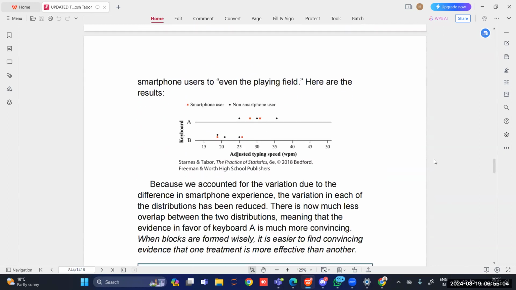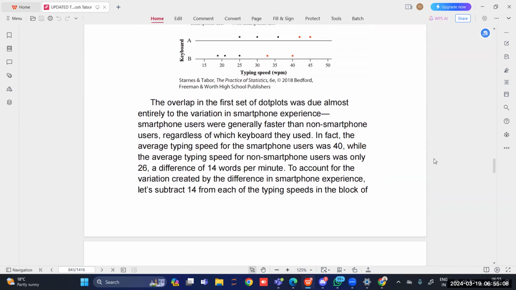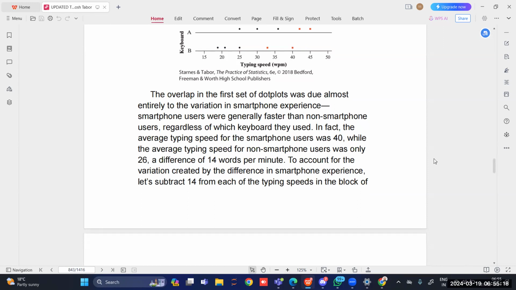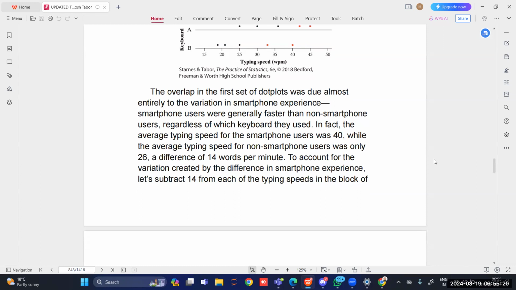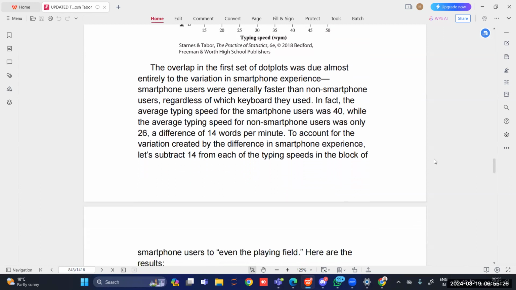Now the overlap in the first set of dot plots was due almost entirely to variation in smartphone experience. Smartphone users were generally faster than non-smartphone users, regardless of which keyboard they used. In fact, the average typing speed of the smartphone users was 40, while the average typing speed for non-smartphone users was only 26, a difference of 14 words per minute.